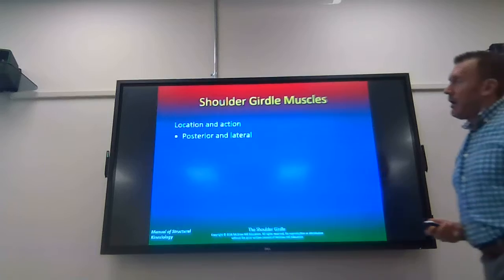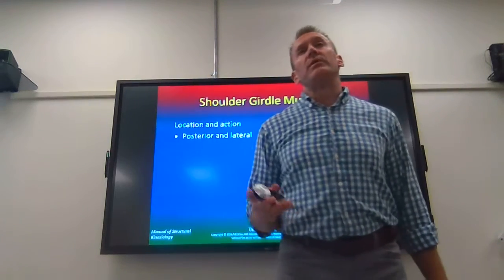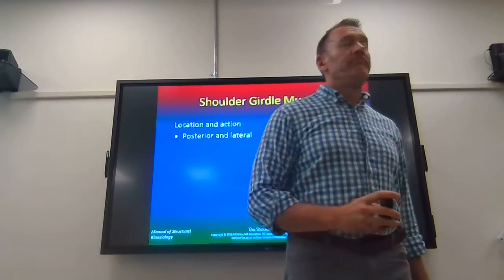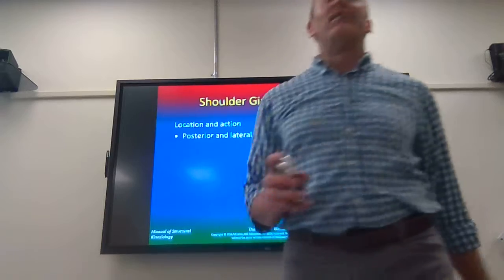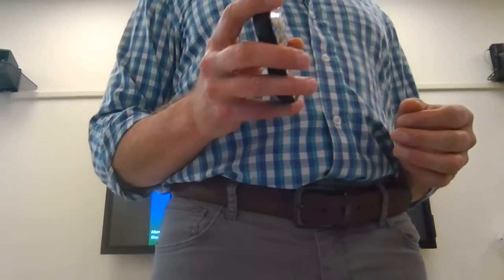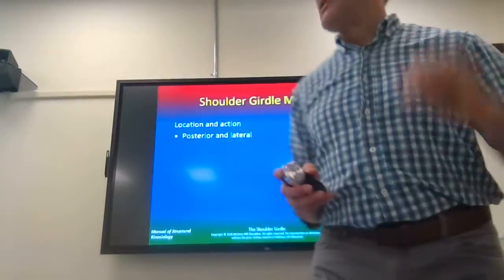So how many muscles do we have for the shoulder girdle? 5. Now, the rest of the story, there's technically 6, but the 6th one doesn't do very much. It's kind of a joint stabilizer. It's called the subclavius. It stabilizes the sternoclavicular joint. So really when we're talking about prime movers, big, large muscles that are involved with stabilization or movement of the scapula, it's 5.